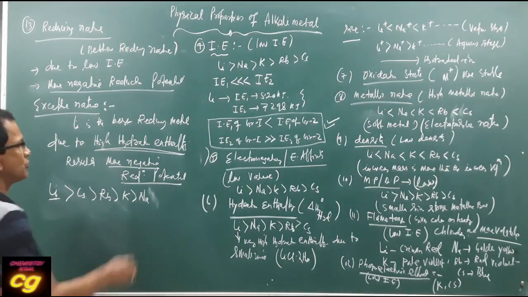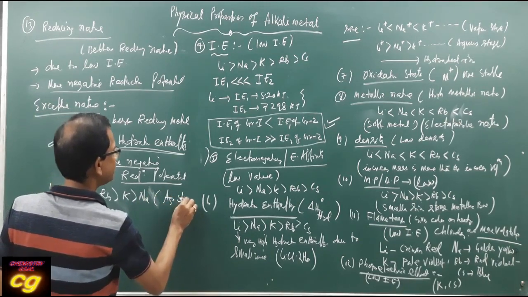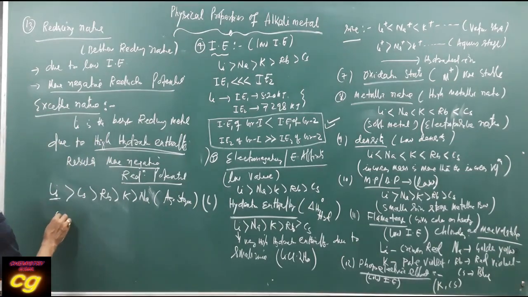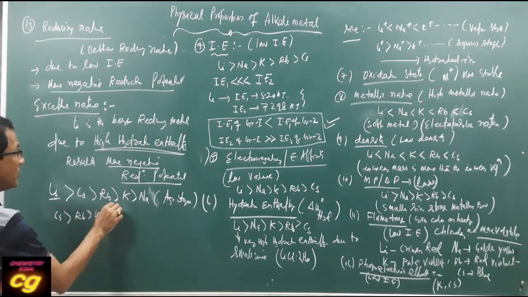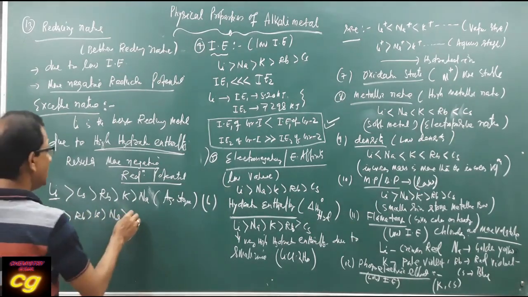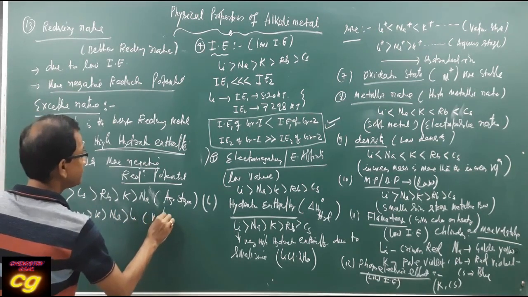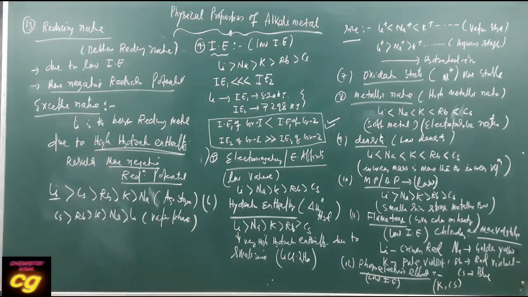This is in aqueous states. In the vapor phase the order is cesium, rubidium, potassium, sodium, then lithium. In the vapor phase cesium is highest because, being largest, the electron can easily be lost.